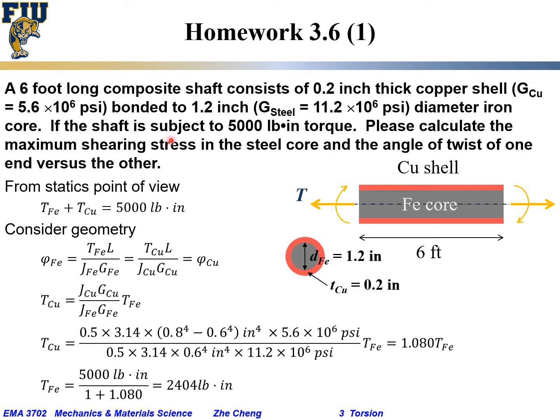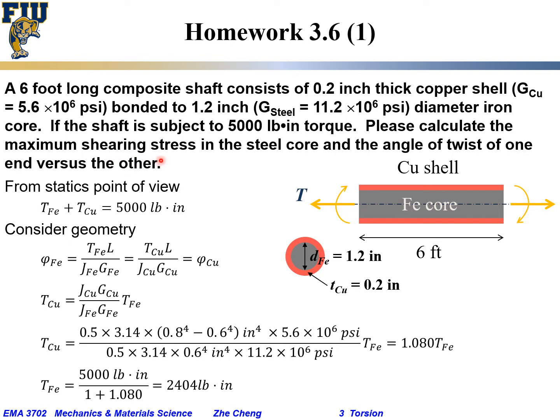If the shaft is subject to a pair of 5,000 pound-inch torques, we want you to calculate the maximum shearing stress in the center steel core and the angle of twist of one end versus the other end.